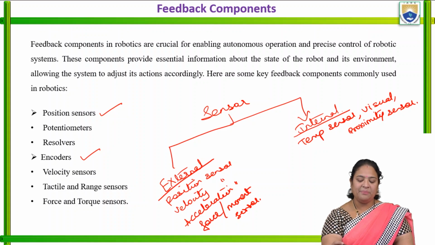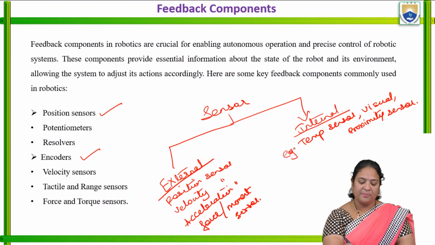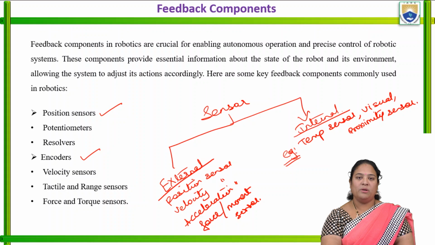The examples of the internal sensor are the temperature sensor, visual sensor and proximity sensor. What happens in a temperature sensor? Same like our human body, where some amount of rays are reflected onto our skin and we react, the robot also has a temperature sensor placed at its end effector, that is, the robot gripper.